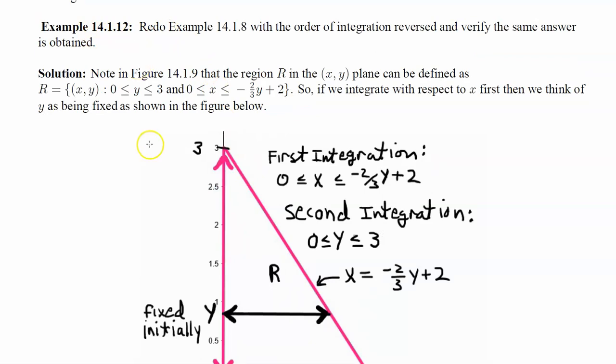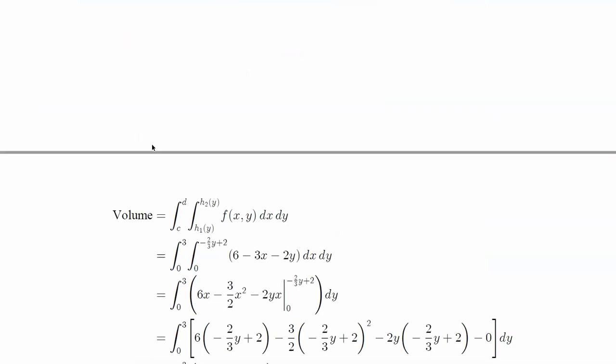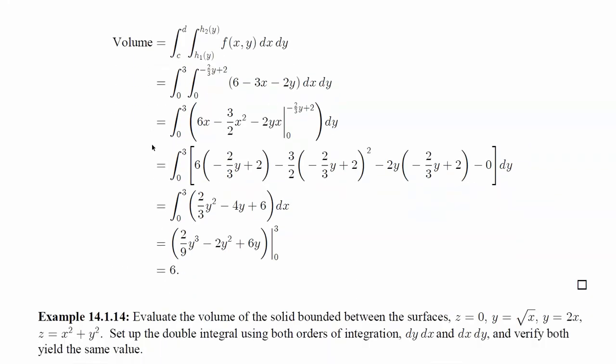And right here you see we have it set up. Notice we integrate with respect to x first from 0 to -2/3 y plus 2, and then y goes from 0 to 3.